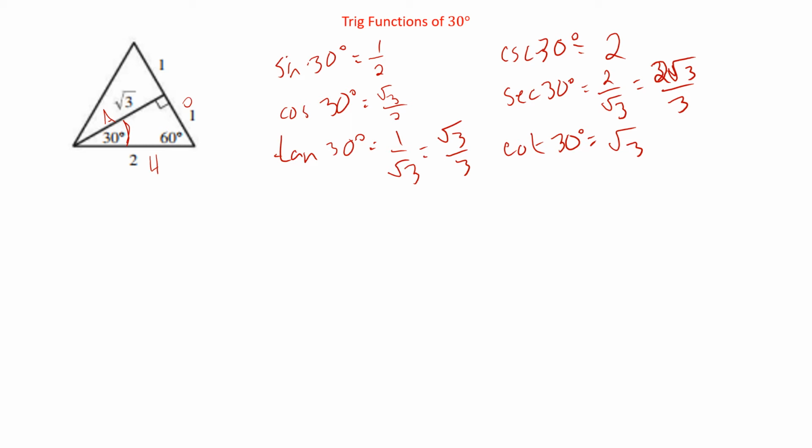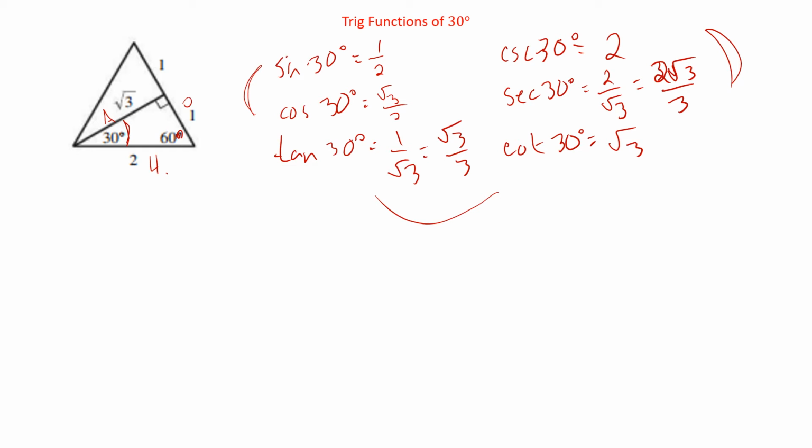What if we wanted the trig functions of 60 degrees? Well, if we look at this angle now, the hypotenuse is the same, the opposite and the adjacent switch. So if we want 60 degrees, we would switch the sine and the cosine, we would switch the cosecant and the secant, and we would switch the tangent and the cotangent.